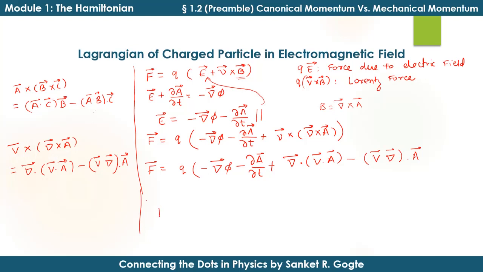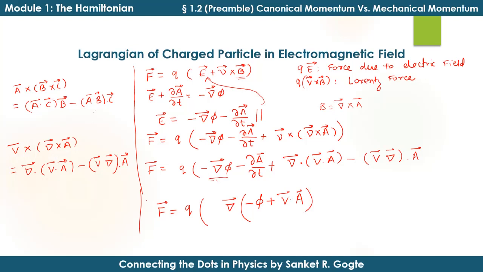So what I'll do is I'll separate the terms in this force with A, so this with del. So this is q minus del of, let's consider minus sign here itself, del of phi plus v dot a.